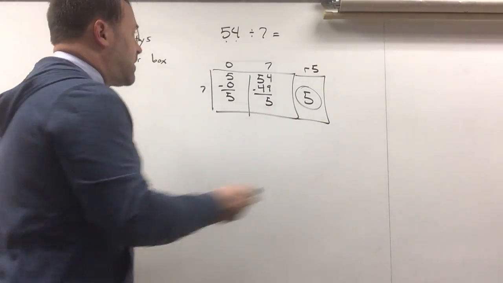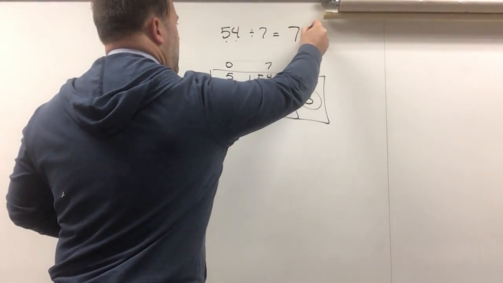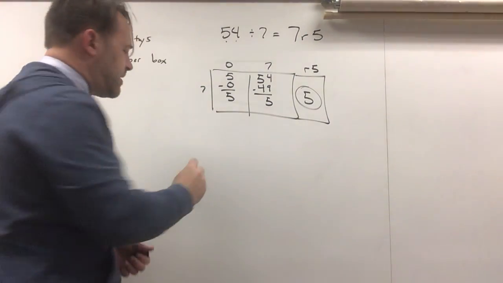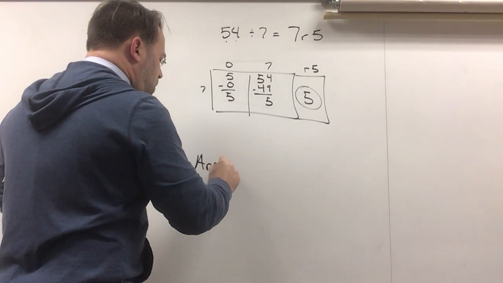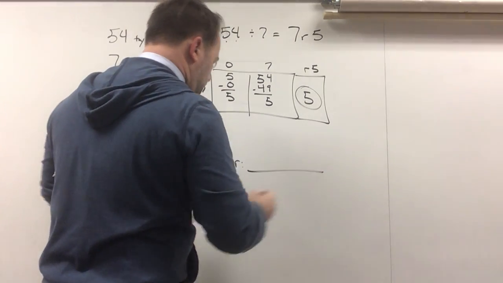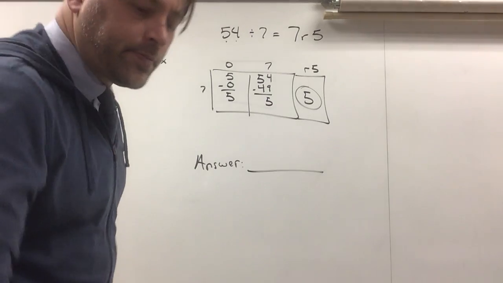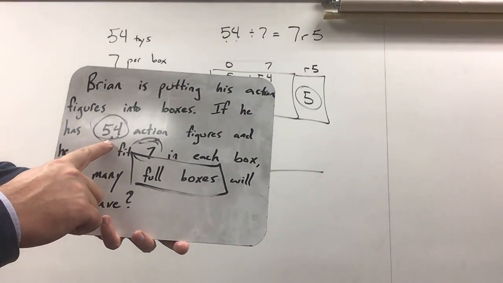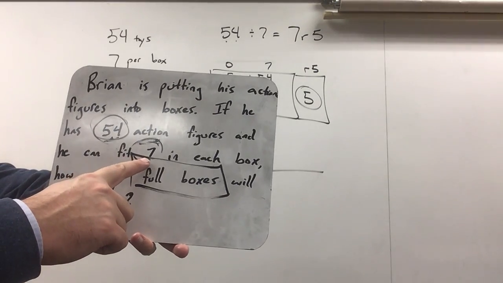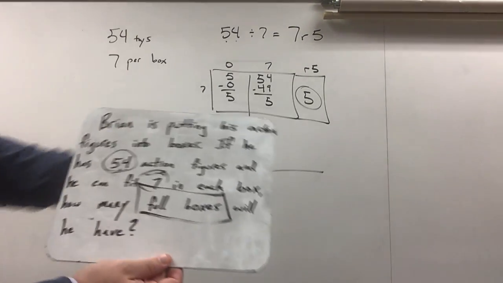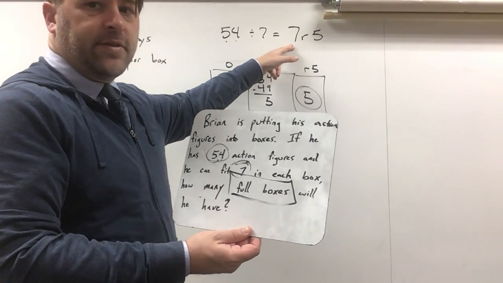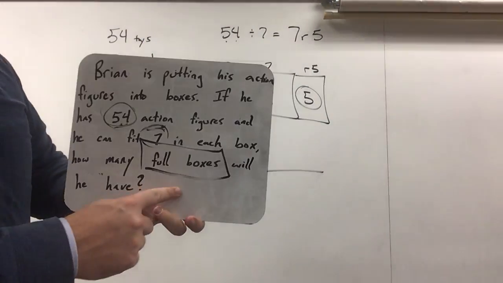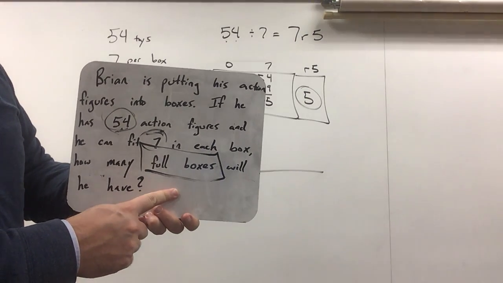So the question is, I've got 7 R5 as my answer, but that doesn't tell me anything about boxes, does it? So what is my answer going to be? Let's look back at the problem. He's got 54 action figures. He wants to put 7 in every box. Well, doesn't that mean he's going to need 7 boxes or 7 full boxes? Is that actually going to cover all the action figures, though?